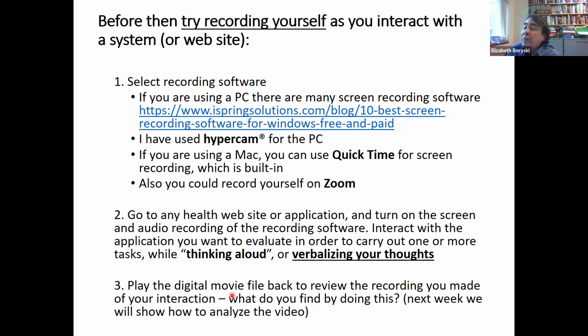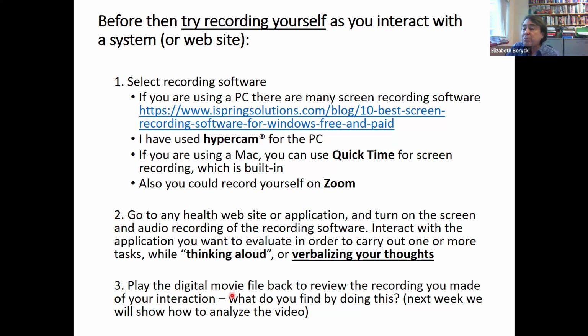So once you have the recording software on your laptop or desktop or whatever, and we've picked some website or application to explore, you turn the recording on. And often in doing this, I like to, you could try it yourself, think aloud or verbalize what's going through your head as you're doing something, like balancing your paycheck in Excel, or looking up your personal information in the personal health record portal.